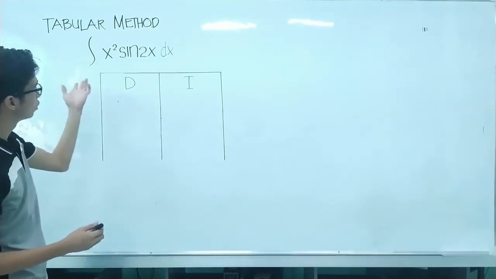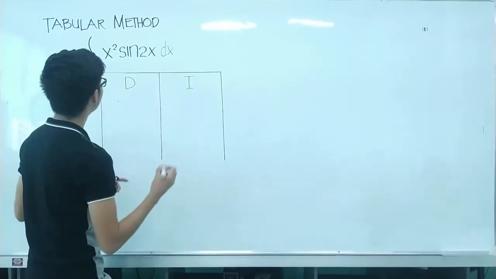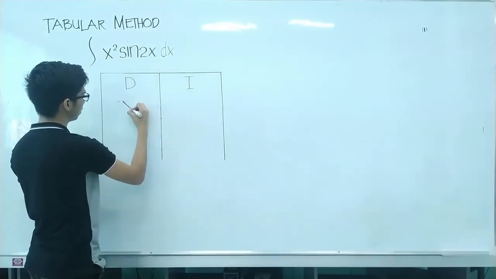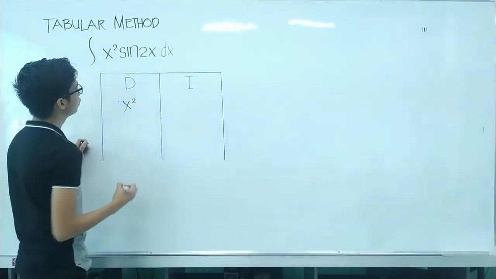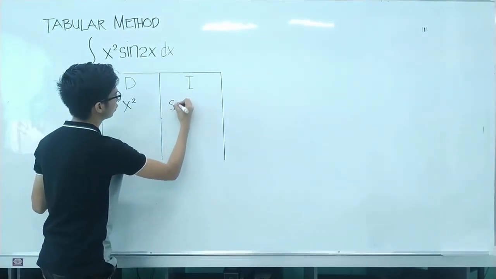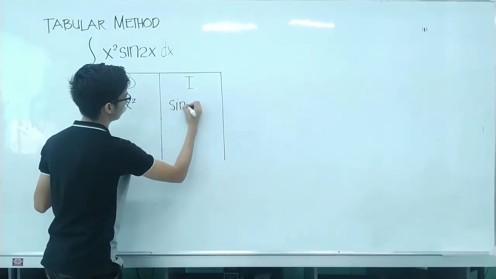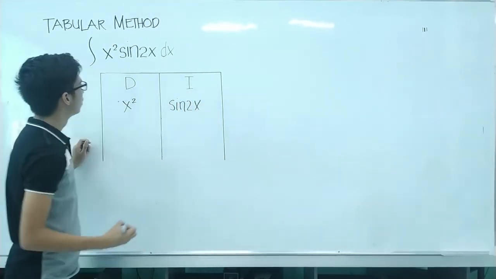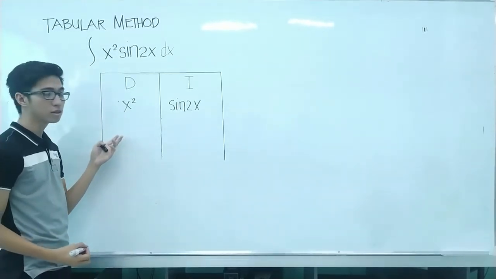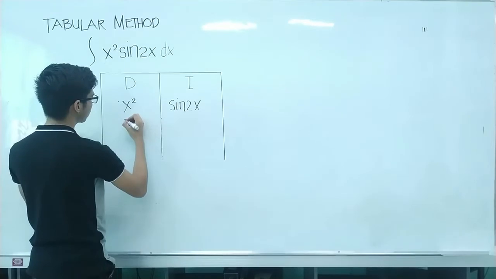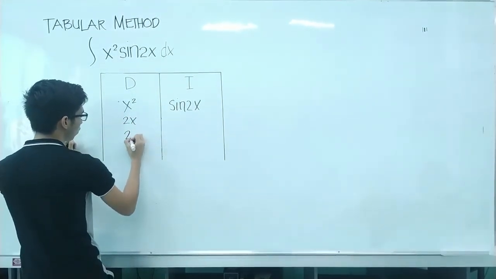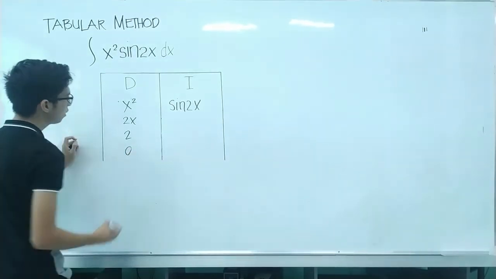With the example we used earlier, we know that the u is x squared, so let's put it in the D. And we know that the dv is sine 2x, so let's put it in the I. For now, forget the dx. Let's take its derivative all the way down until it goes to 0. The derivative of x squared is 2x, then 2, and then 0.